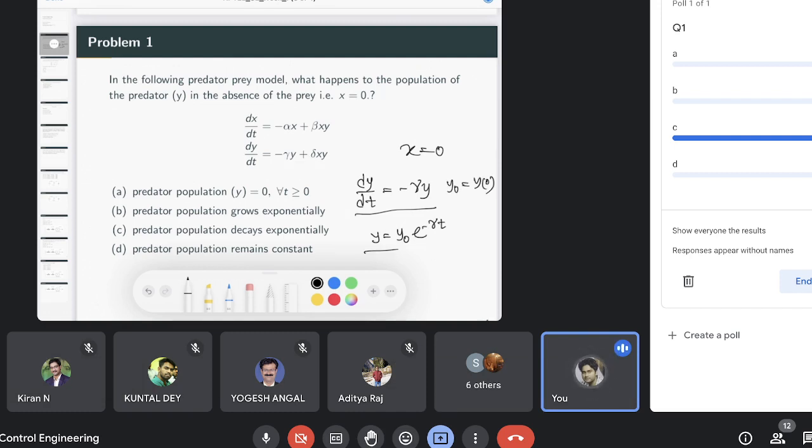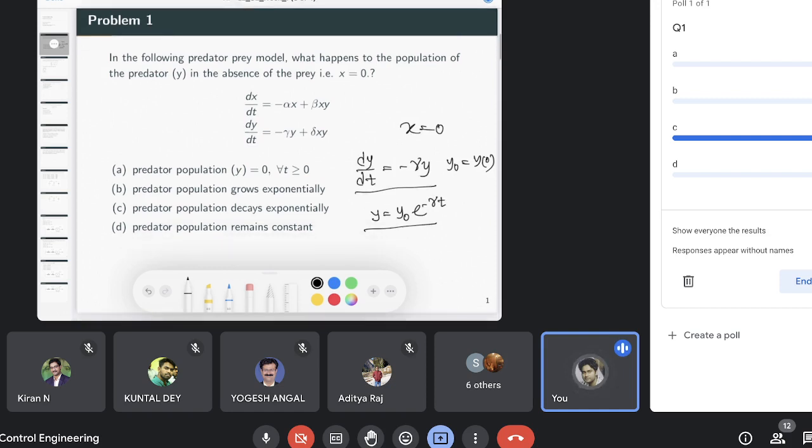You see that because it is e to the power minus of something, the graph will be a decaying one, and it will go to 0 as time goes to infinity. So the answer is that the predator population will decay exponentially.